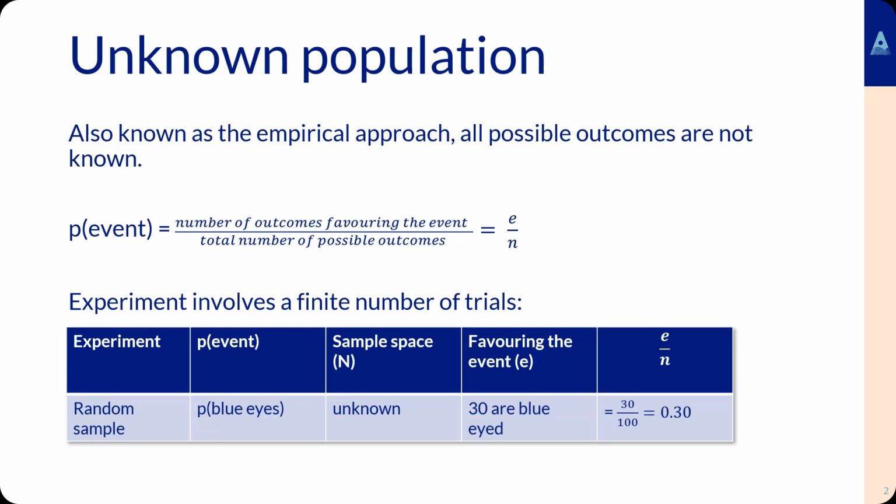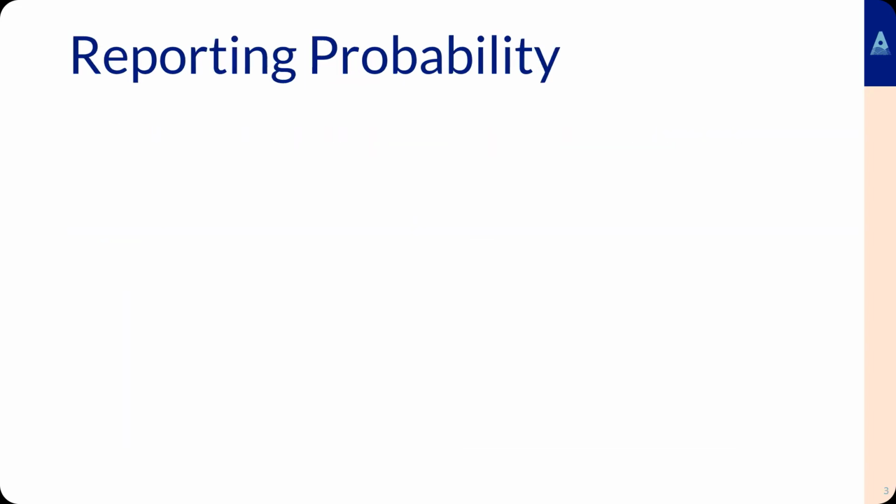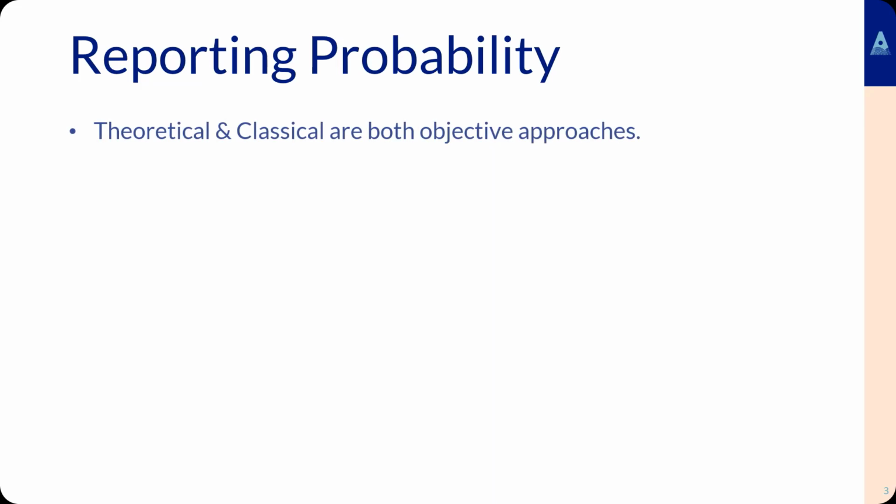So relative frequency and empirical probability are the same. Reporting probabilities. It's important to note that the theoretical and classical approach are both objective. However, an alternative is subjective probability. We might ask an expert for the probability of an event happening where we don't know what E or N is, and we can still use that figure because it'll be a number between 0 and 1.